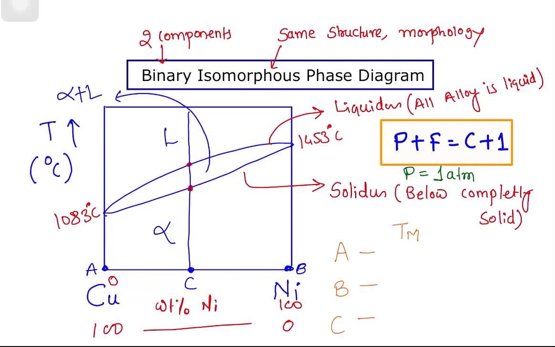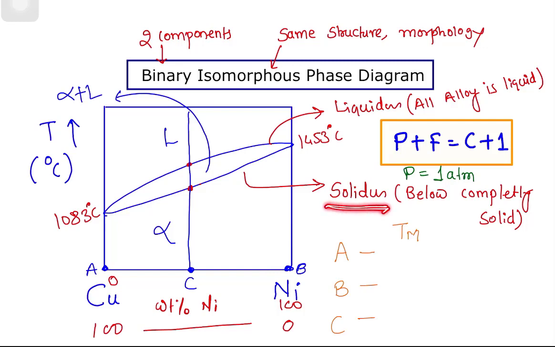This is because you can see this is the melting point of copper, this is the melting point of nickel, and this is the melting point of the alloy. So after these melting points we will have liquid. The line which separates the solid and solid plus liquid we call the solidus line.